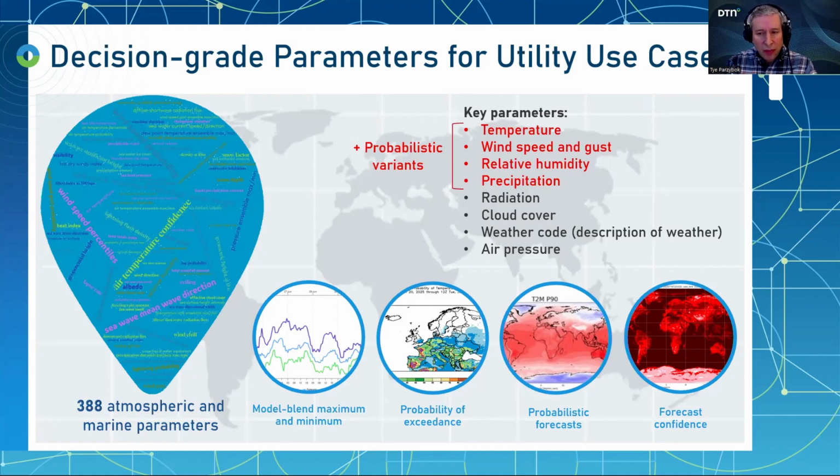The final thing I wanted to mention was forecast confidence. This is a fairly new output parameter from our system for a few parameters: temperature, wind speed, and precipitation. This is a categorical value, from very low confidence to very high confidence, so you can get a very quick assessment based off our model variability, the variability from run-to-run forecasts, and that sort of thing.